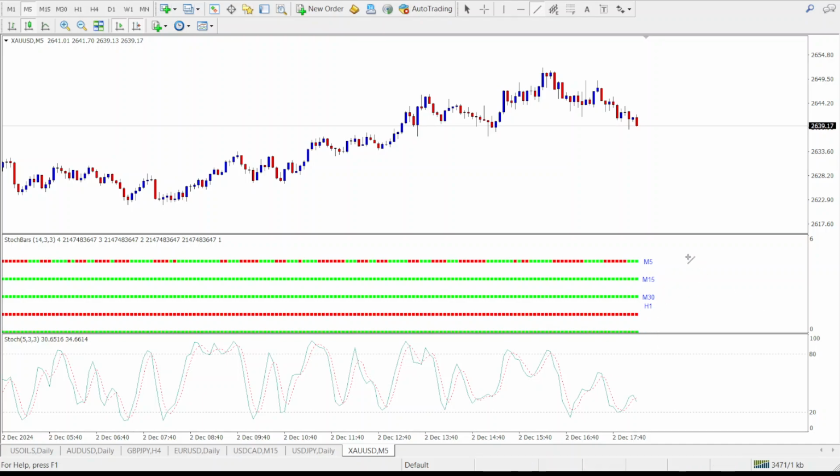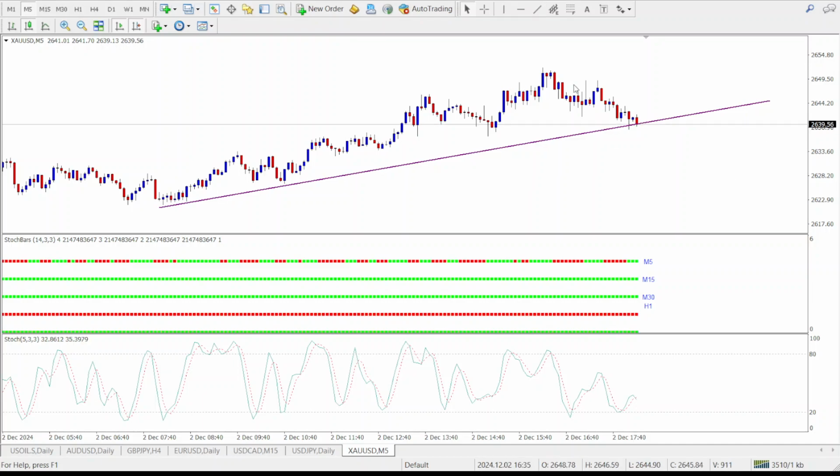So we can see that currently the indicator shows us that there is a buy momentum on the 5 minutes time frame, and if we check that, we are going to see that we are currently on a bullish trend in the 5 minutes time frame, and we actually have a support zone somewhere around here, and the price is already coming to retest that support zone. So we could actually have a continuation of a buy move very soon.